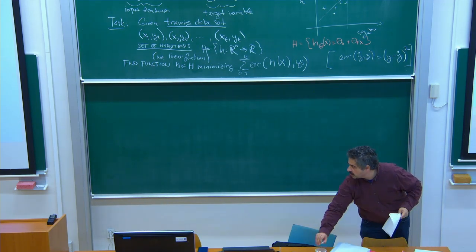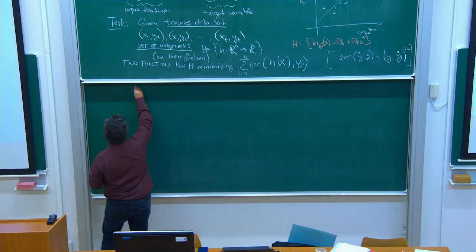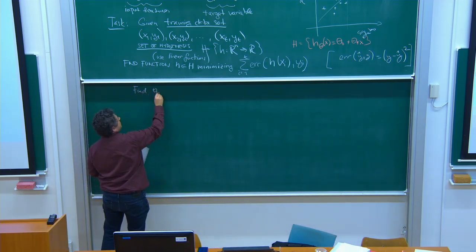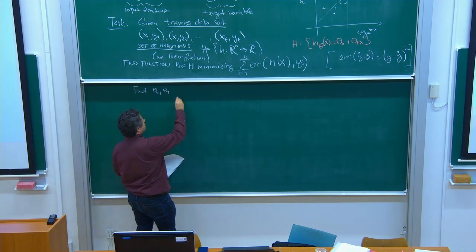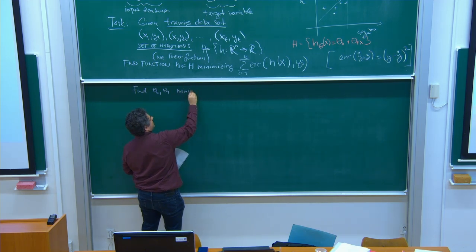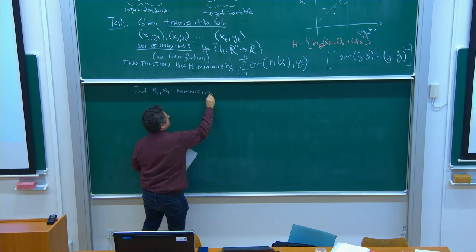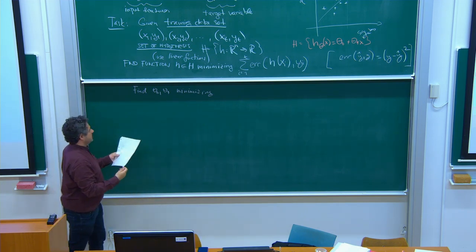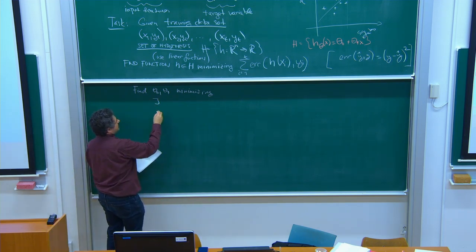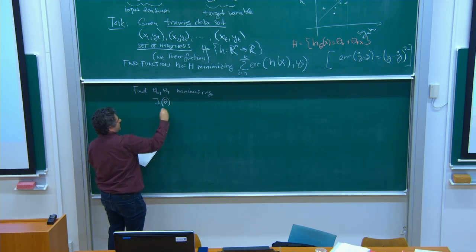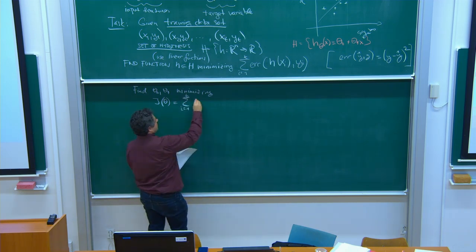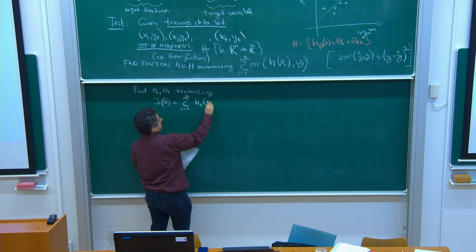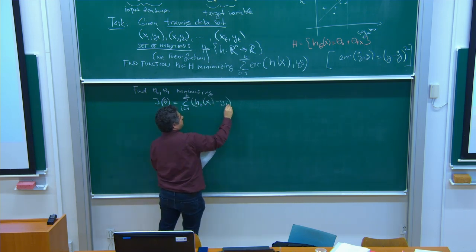So we want to find two values, theta 0 and theta 1. Now I'm switching to the example, minimizing the error function. I will call this error function J, which is basically the sum of h theta of x i minus y squared.